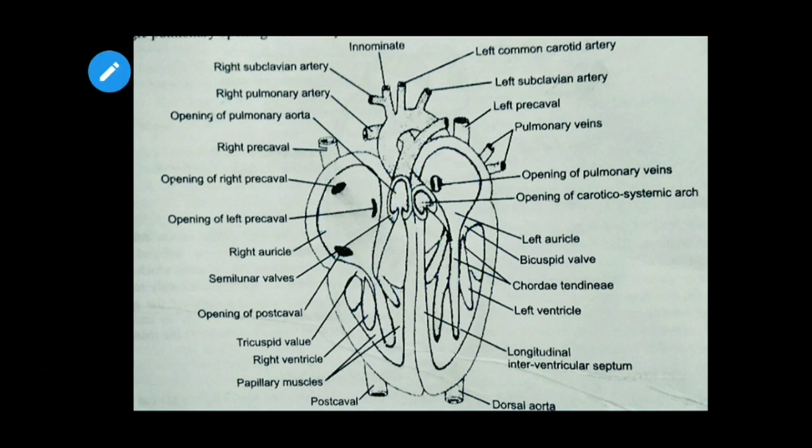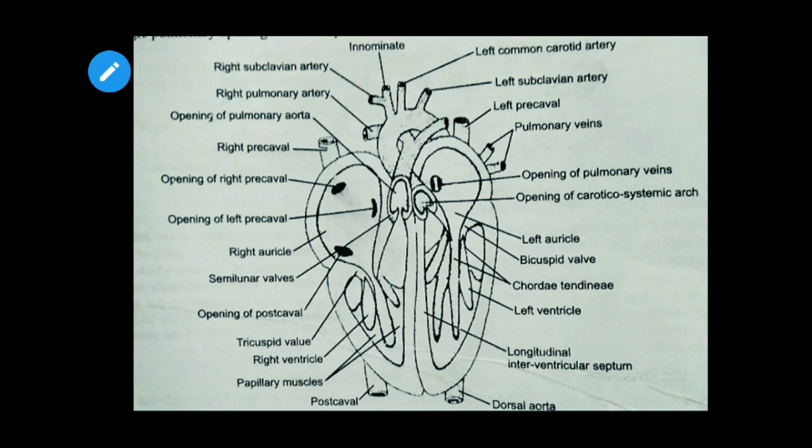What is double circulation? In the mammalian heart, there is a complete separation of venous and oxygenated blood. The heart actually consists of two separate pumps working simultaneously. The right half of the heart serves as one pump.